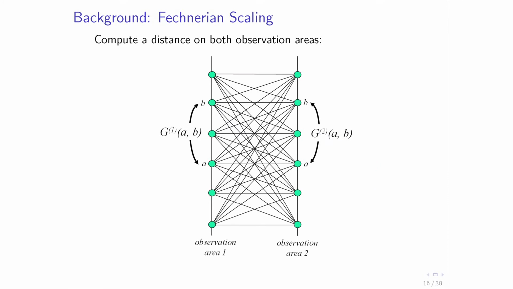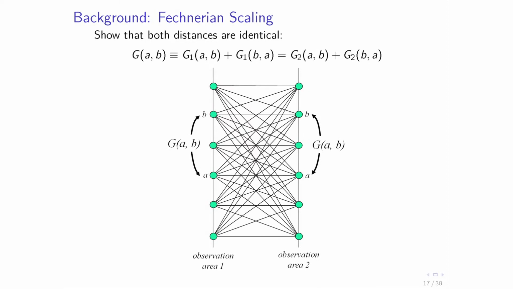So when we do that for one observation area, and we do it for the second observation area using the other type of psychometric increments, of course then we would be in trouble if we got different values here, but it can actually be shown, and that's one of the theorems, that the sum of these two ordered Fechnerian metrics is identical.